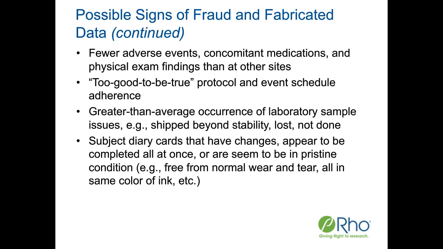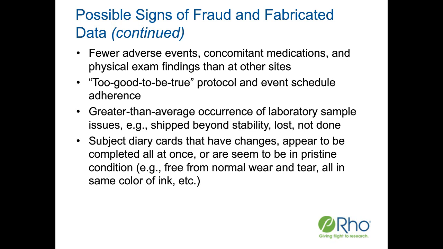If you see fewer adverse events, concomitant medications, and physical exam findings at a site than other sites, again, question: do they understand the reporting requirements? Are they doing it properly, or could something be going on where they are purposefully or inadvertently underreporting? If you have a site that is completely compliant with the protocol and the event schedule within the protocol, look a little deeper to see if they are truly reporting everything as it occurs.